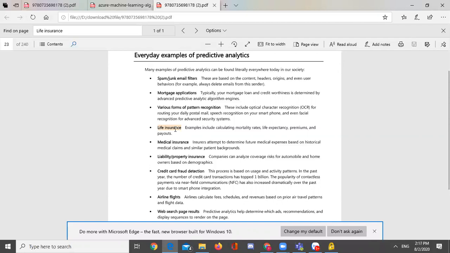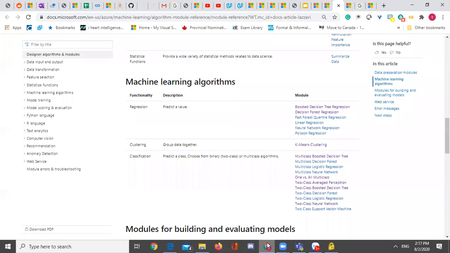So for group classification, we use clustering, right? Because we make clusters of those who are going to pay and those who are not going to pay. Grouping is where you have a large pool of data.